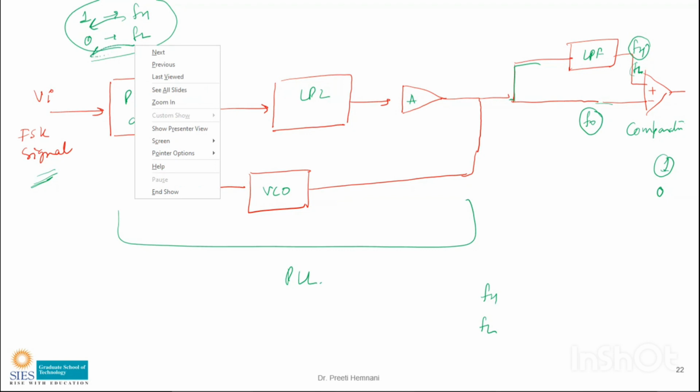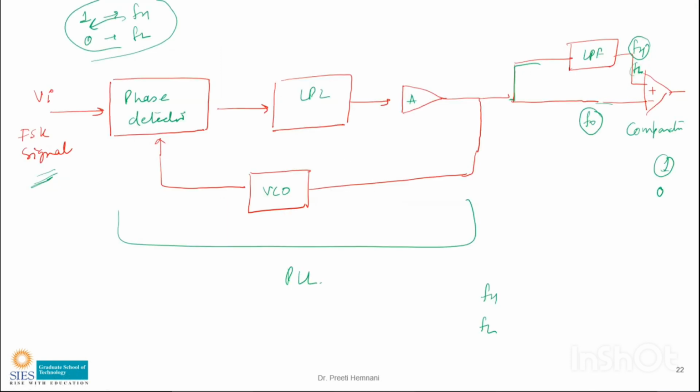So what we can do is take one more output from the PLL and connect it to a comparator, and at the negative terminal we get F0, and comparison of these two will give you 1 or 0. So the comparator output will be 1 if FH is greater than F0, that means this frequency is greater than F0, we are calling it FH, and when the frequency is less than F0, we are calling it FL, so that time the output will be 0.